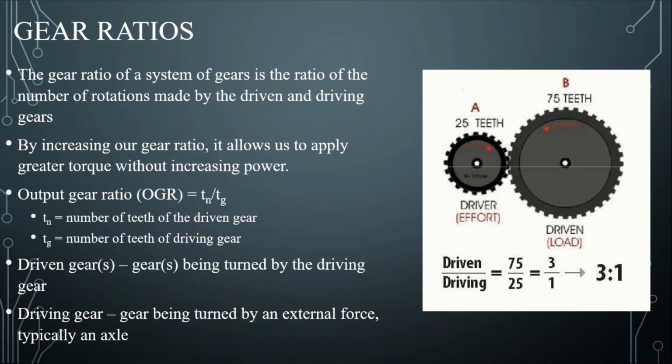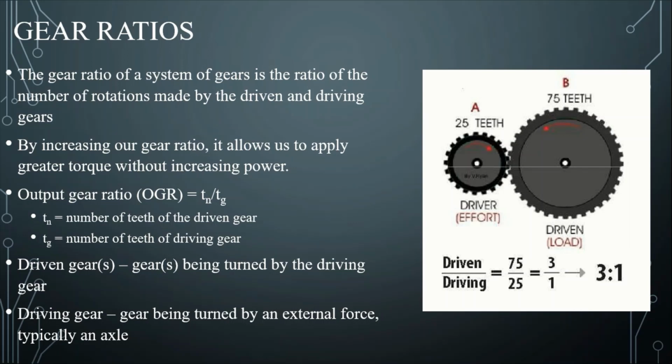And to find the ratio, you take the number of teeth of the driven gear, which, as we said before, is the one being turned by the driving gear, or the driver gear, and then the driving gear is what we're turning.